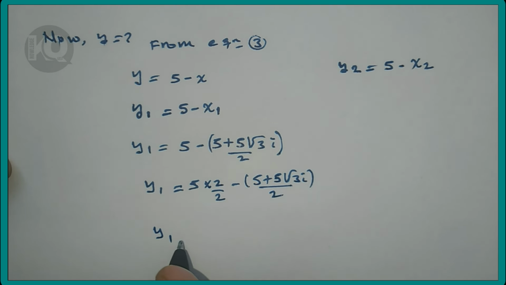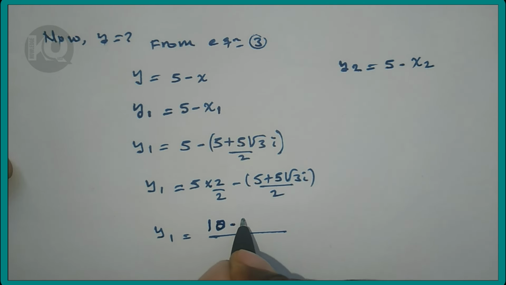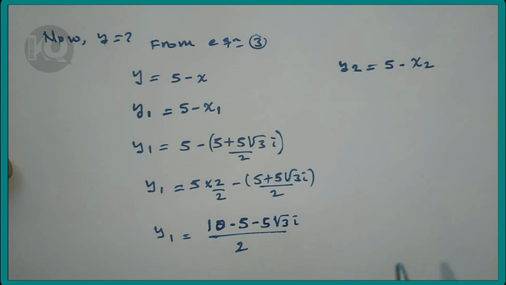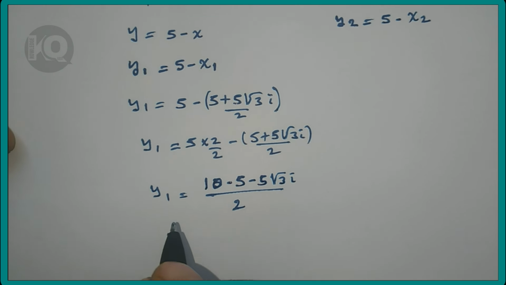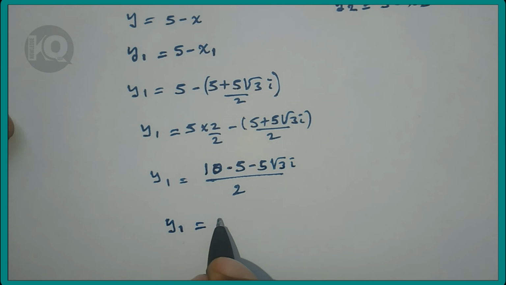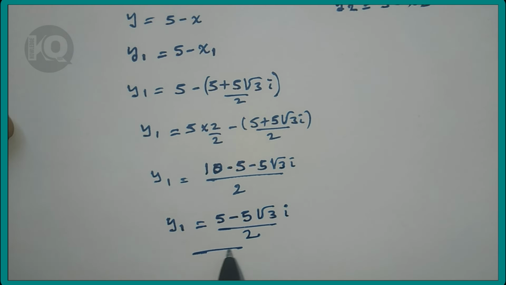Taking the denominator 2, y1 is equal to (10 minus 5 minus 5 root 3 i) over 2. So y1 finally is equal to (5 minus 5 root 3 i) over 2.